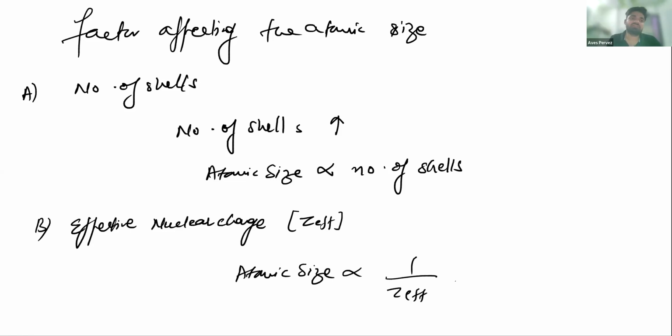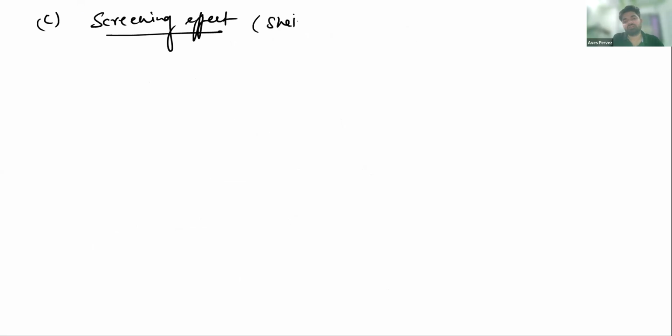The third one is the screening effect, or we can say shielding effect. Noted this one? The next one is the screening effect or shielding effect. Shielding effect is measured with sigma, which we did in the previous class.